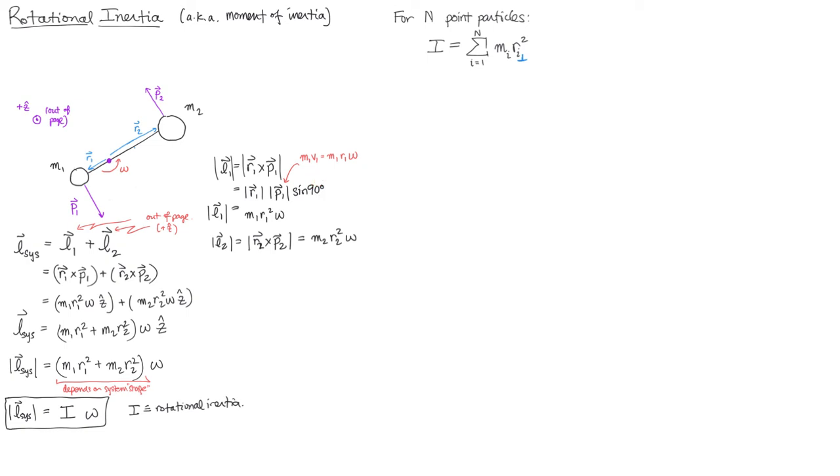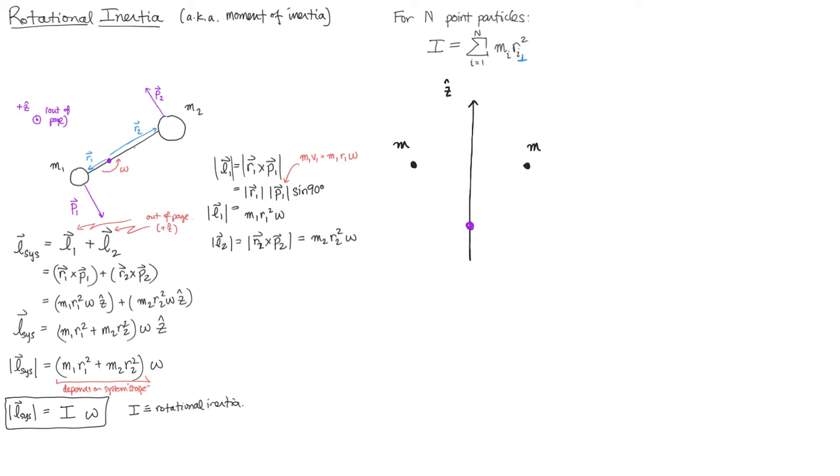So for example, let's say we have the following situation. We have an axis of rotation, like so. We'll call that the z hat direction. That's our axis of rotation. And let's put two particles out here. Let's have them both have the same mass, m.